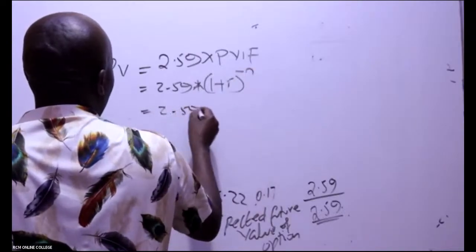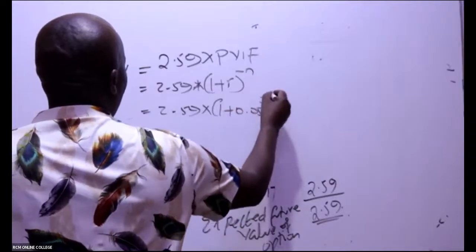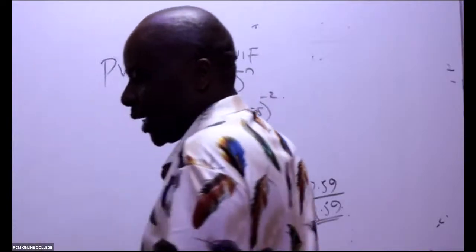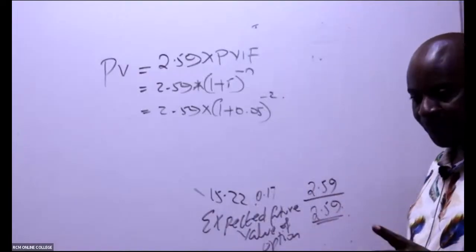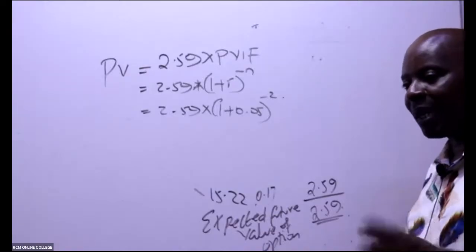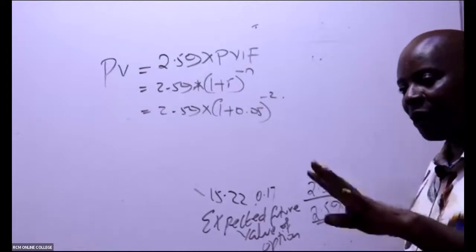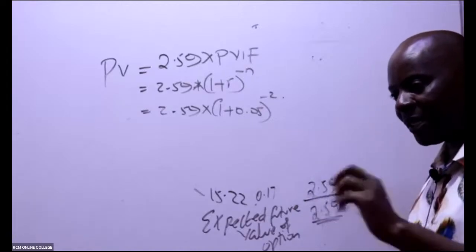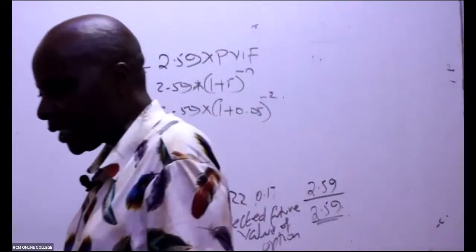This is 2.59 times 1 plus 0.05 raised to negative 2, because it is a 2-period tree. He has never brought a 3-period one. If he brought a 3-period binary tree, I'm sure people will cry. But at least my students now have some way of doing this.